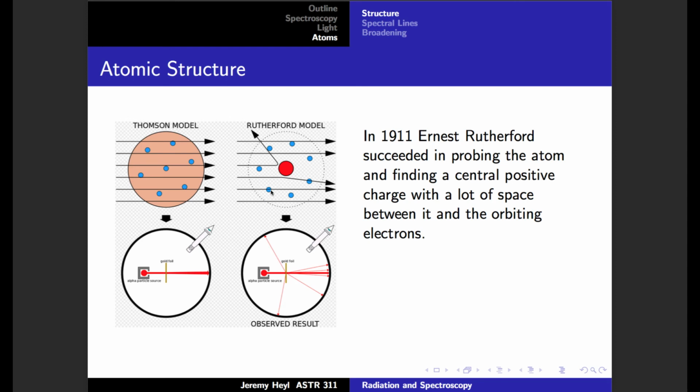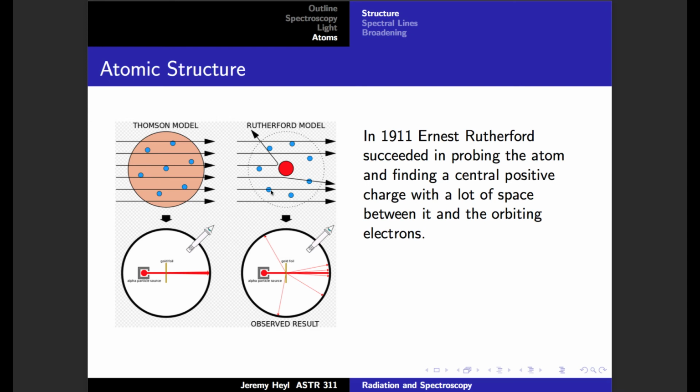Now, what you would expect on the left is what he expected. So as stuff went through the gold foil, most of the particles would more or less pass through, and since the positive charge wasn't concentrated anywhere in particular, you would get things going in a slightly different direction, but nothing very dramatic.